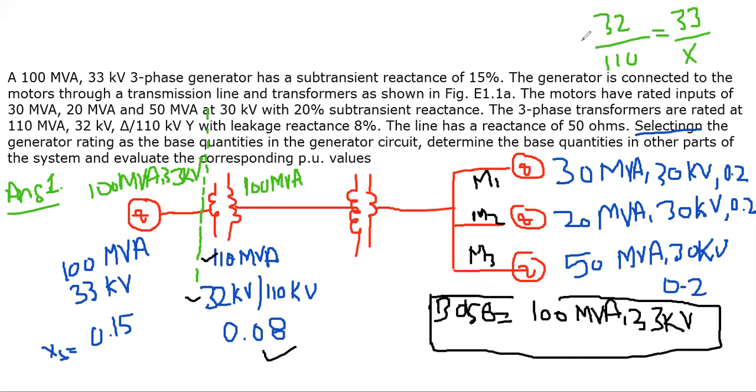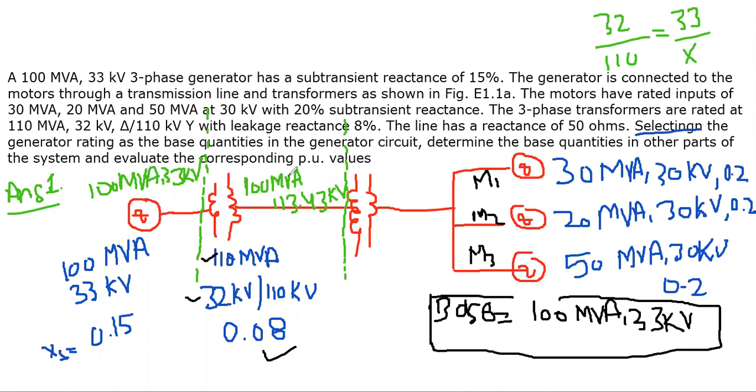So here the base value of voltage is coming out to be, let us calculate the value of X from here. If we calculate the value of base from here, we will get the base voltage is 113.43 kV. Okay, so the base values for this region is 100 MVA and 113.43 kV.